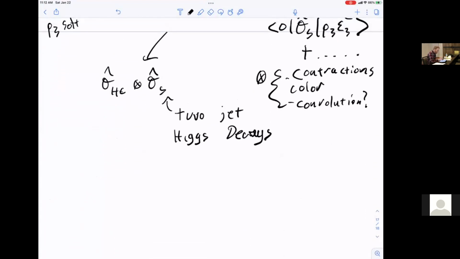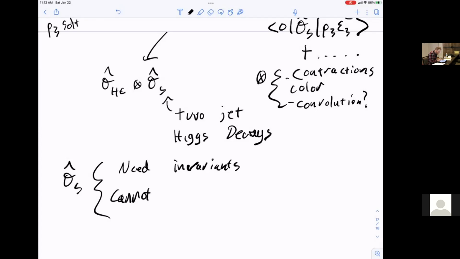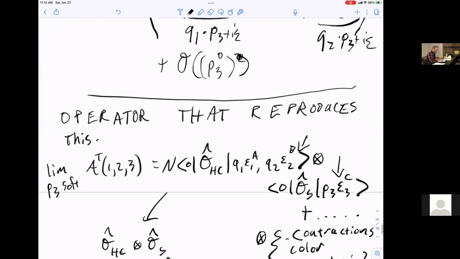But we're going to first now focus on what this O soft is. And I know that this O soft needs to be built out of invariants, right? But it cannot be local invariants. Why can it not be local?